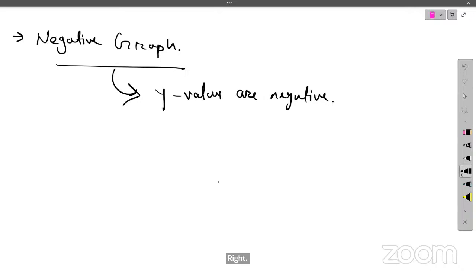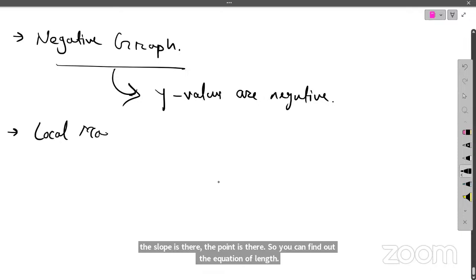So the slope is there, the point is there, so you can find the equation of the line. I do it, but every time my answer is wrong.